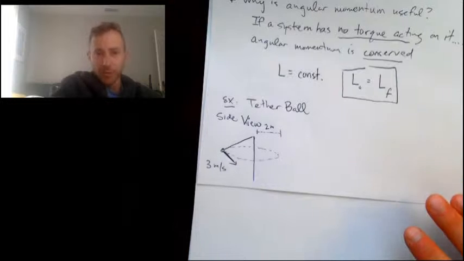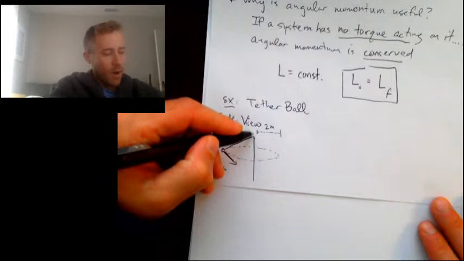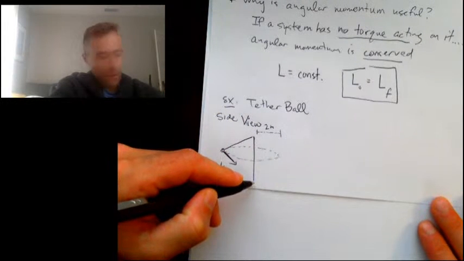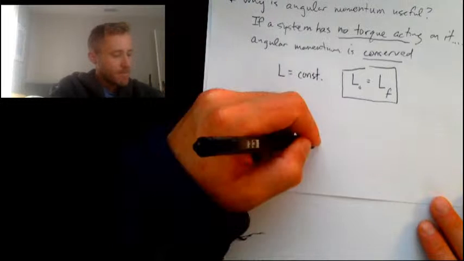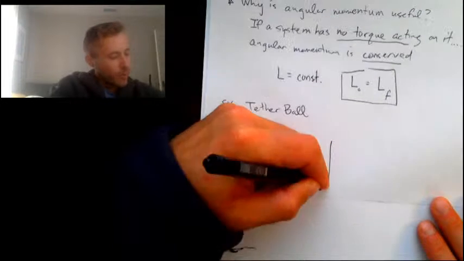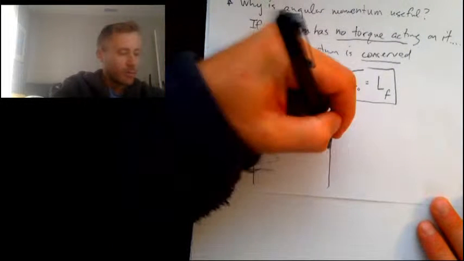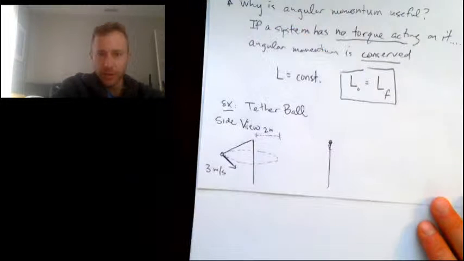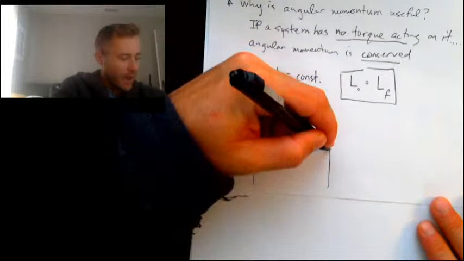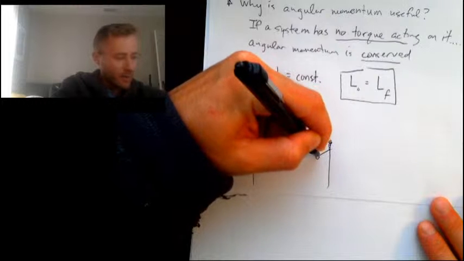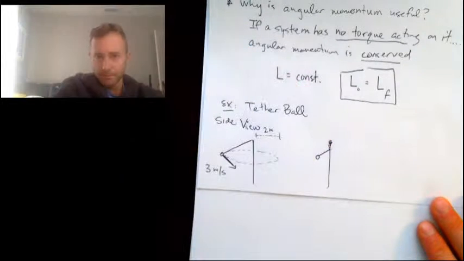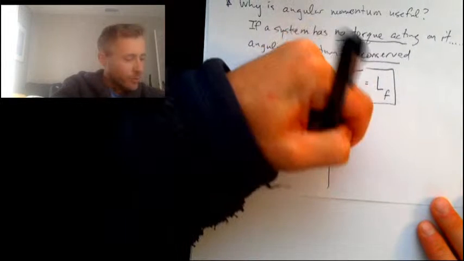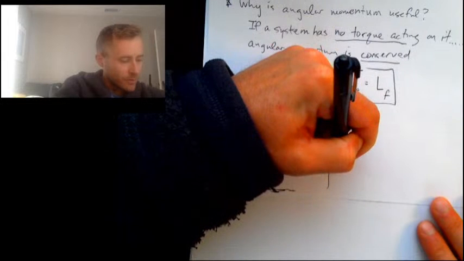Now, what does the tetherball do? It winds around the pole, okay? So here's the pole. The pole is the same. But as the tetherball goes around the circle, it winds around the pole like that. And as a result of that, the string gets shorter. And now it's moving in a smaller circle.